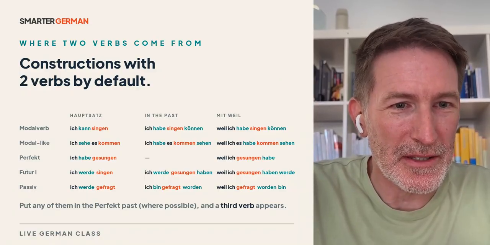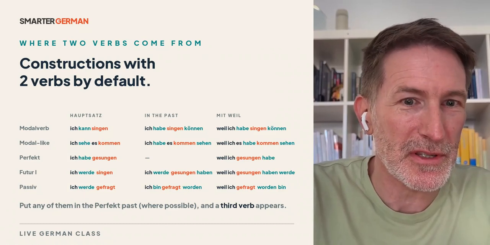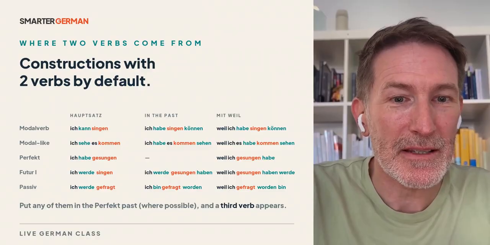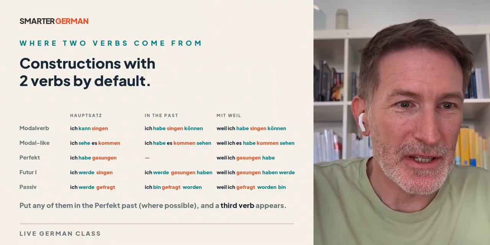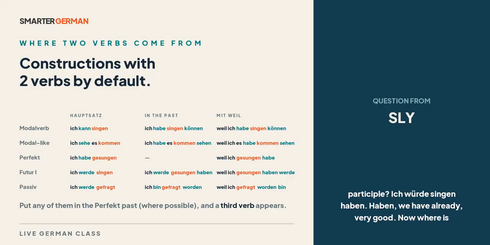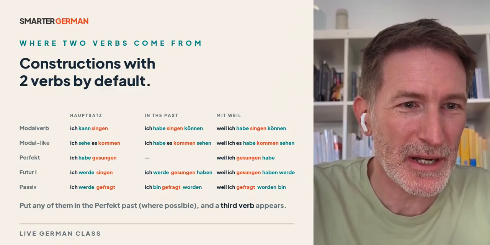When I say the past in this context, we always talk about the perfect past. And the perfect consists of haben or sein plus a past participle. So where's the haben here and where is the past participle? Ich würde singen haben. Haben, we have already. Very good. Now where's the past participle?